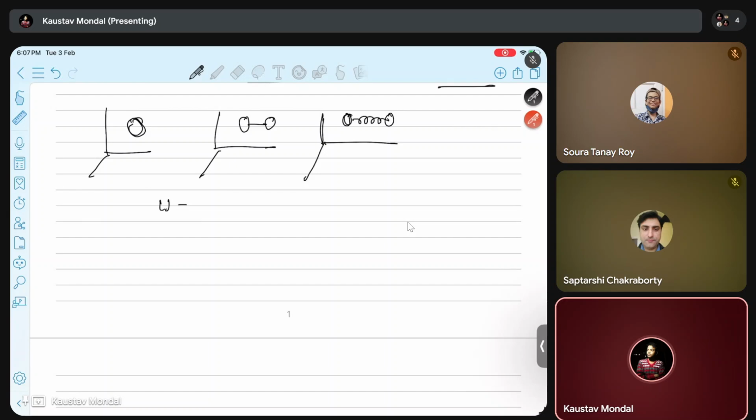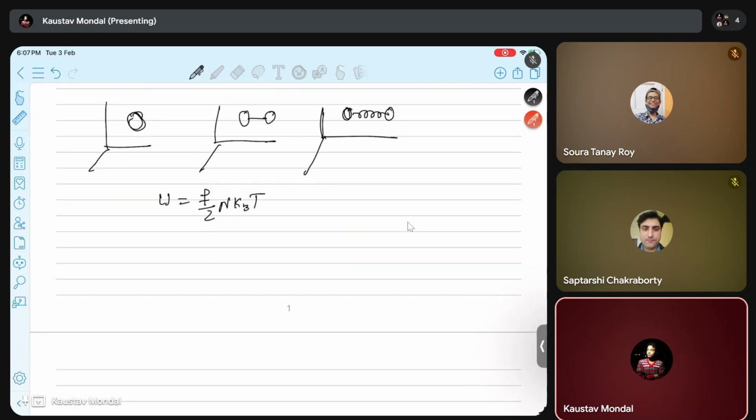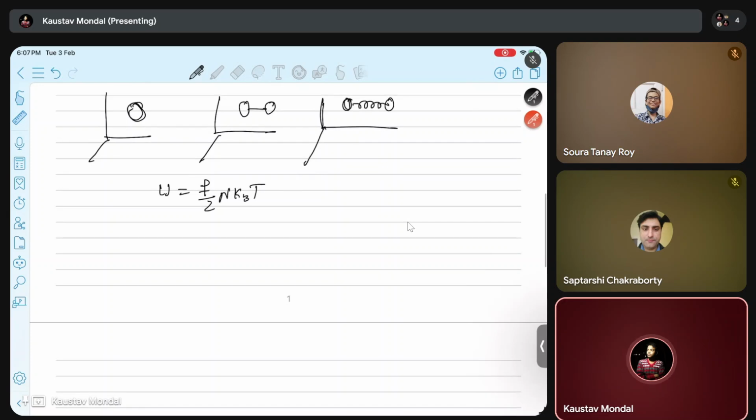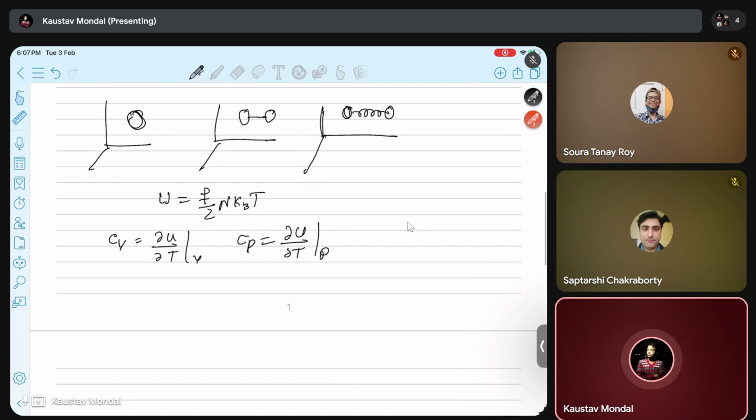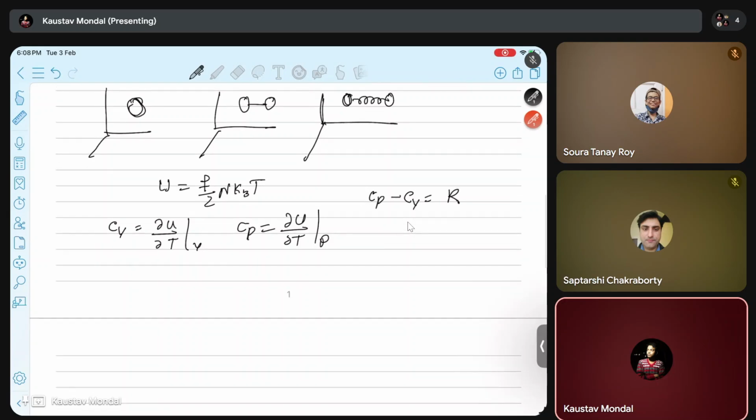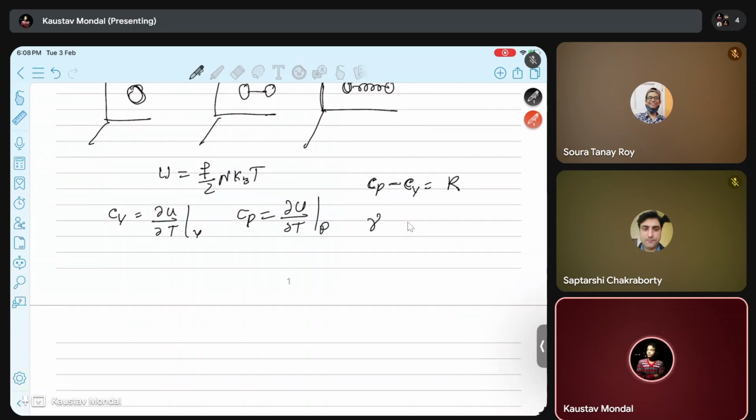That is given by the formula U equal to f by 2 n kBT, where f is the number of degrees of freedom. From that you can easily calculate different types of specific heat, like Cv, that is del U by del T at constant V, or Cp, that is del U by del T at constant P. Cp and Cv are related by a very useful relation, Cp minus Cv equal to R. You can also calculate the adiabatic exponent, gamma equal to Cp by Cv.